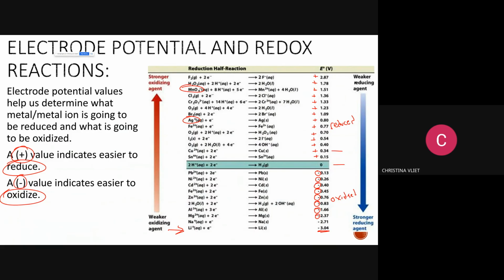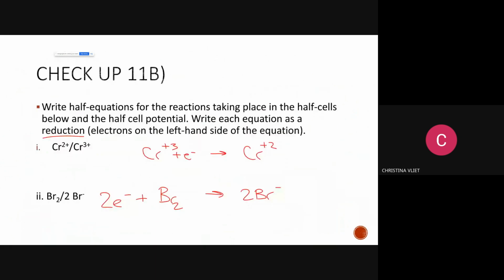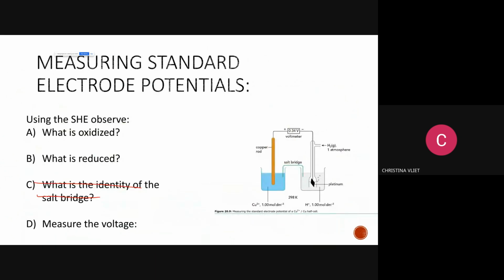Copper is reduced. So how could we figure that out? Looking at this, what does this positive mean? What does this negative mean? Remember, the positive cell is the cathode, and the negative cell is the anode. So they're telling you this is the cathode and this is the anode.